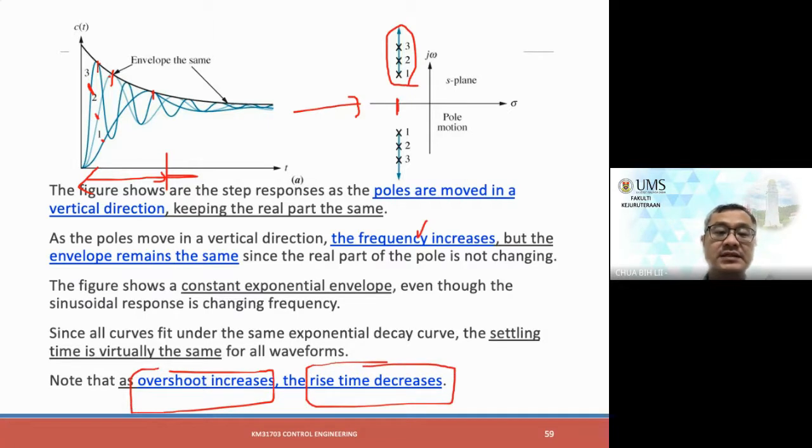So this is the effect of shifting the roots at the same real value higher, or away from the real axis: the overshoot increases, the frequency increases, and the rise time decreases.